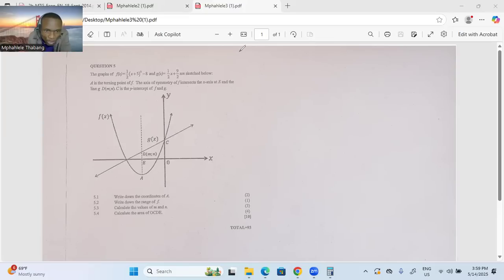Okay. On question 5, they say write down the coordinates of A. A is the turning point of our quadratic graph, which is f of x. f of x equals half over x plus 5 squared minus 8.